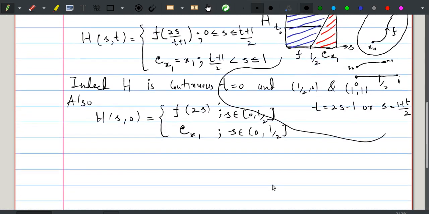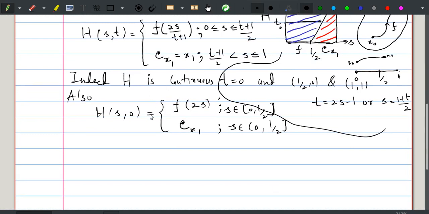So at time t equal to 0, h travels f in this half interval at twice the speed, and in the remaining interval it travels the constant path c_x1.